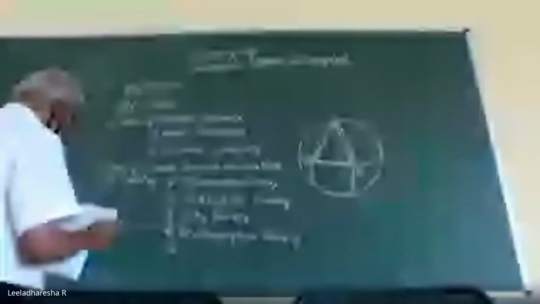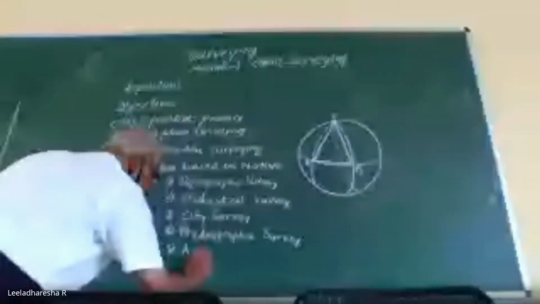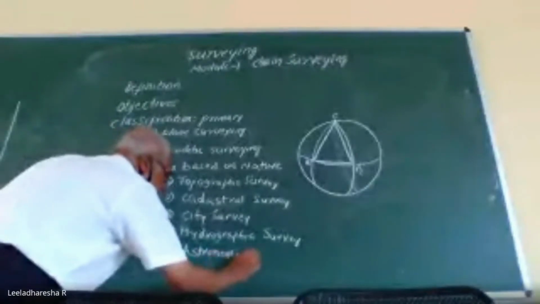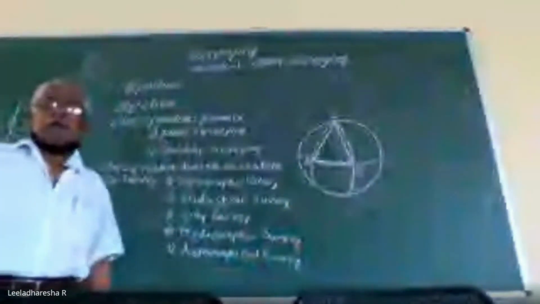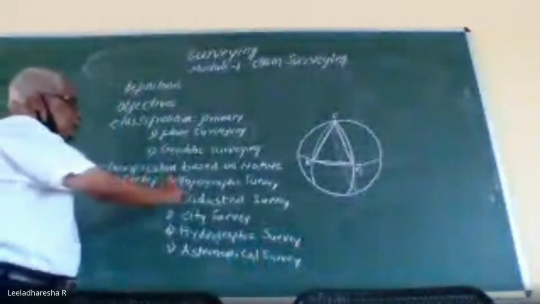And the fifth type is called astronomical survey. So based on the nature of the survey or nature of the land, we can classify surveys into various types.